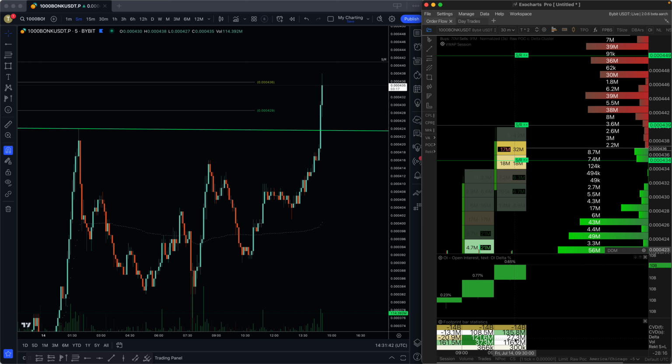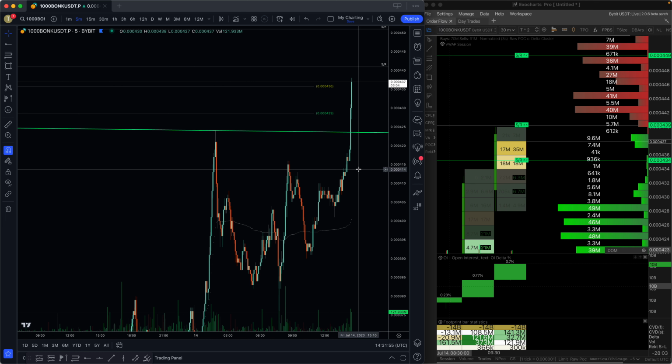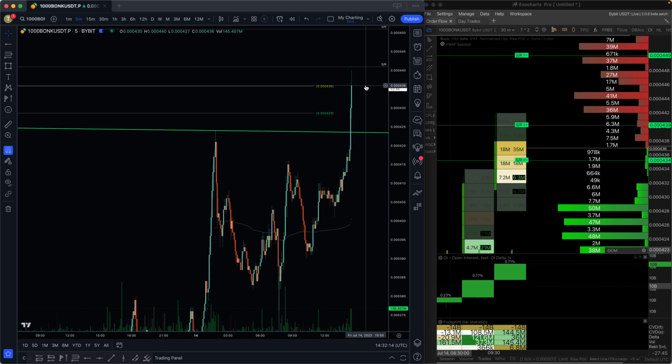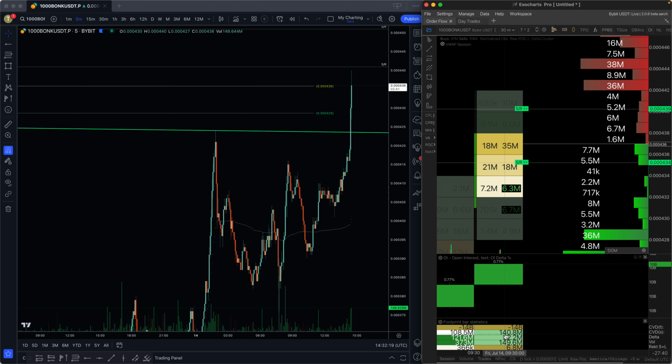CVD still bullish. Very bullish CVD. Delta positive. Breakout is confirmed on it. Very nice. And by now we should take profit 1 on this. Look at all this green right here.